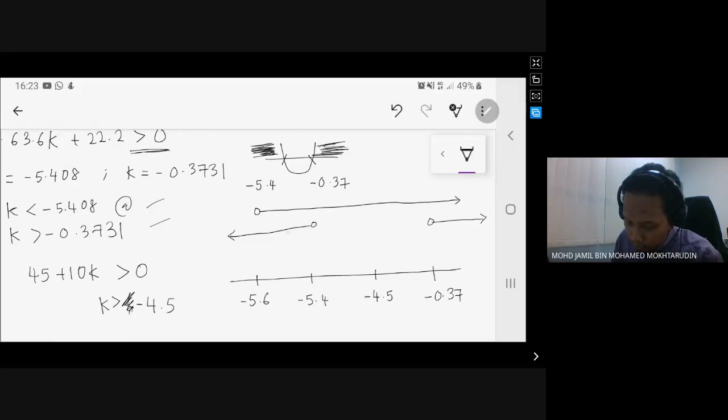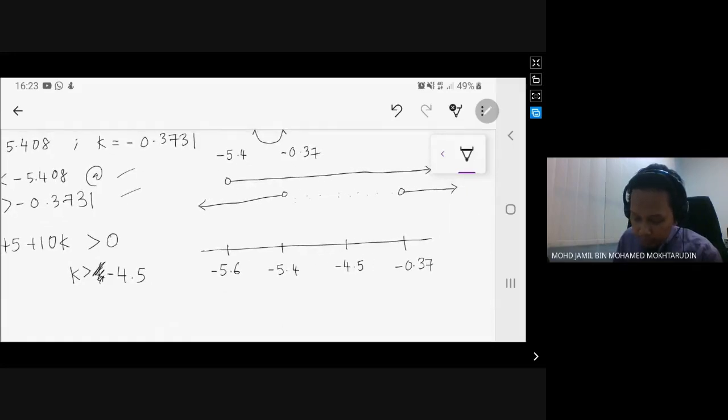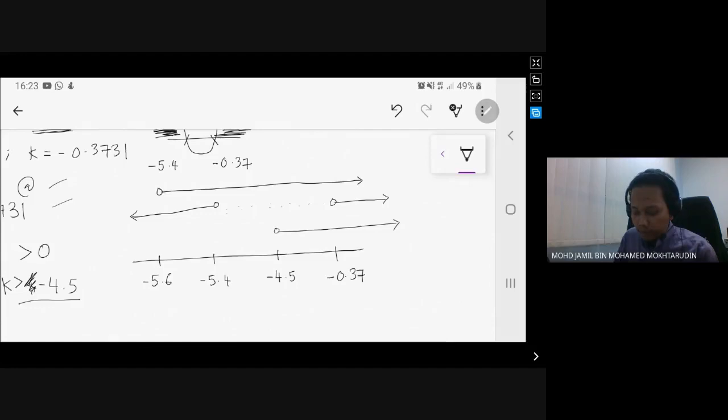Okay, so two lines but in the same alignment, okay? And then lastly, k must be bigger than minus 4.5. So here k bigger than minus 4.5. So you get these number lines.